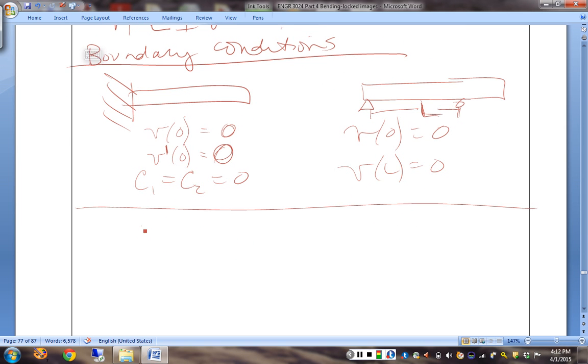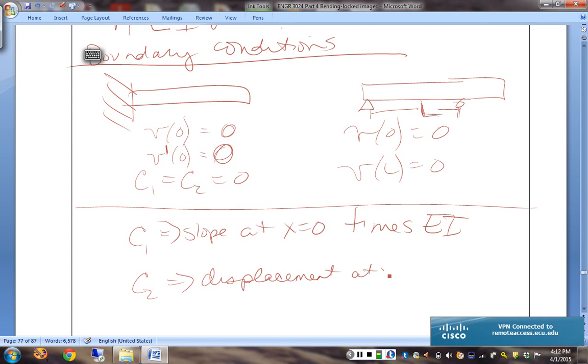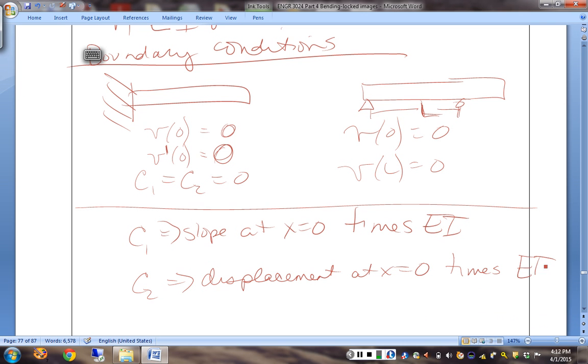Generally, always true is that C1 is the slope at x equals 0 times the bending stiffness. That is always true. And C2 is always going to be the displacement at x equals 0 times the bending stiffness. So if your support is at the left end, C2 is always going to be 0.